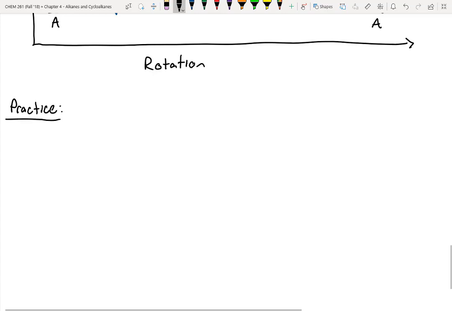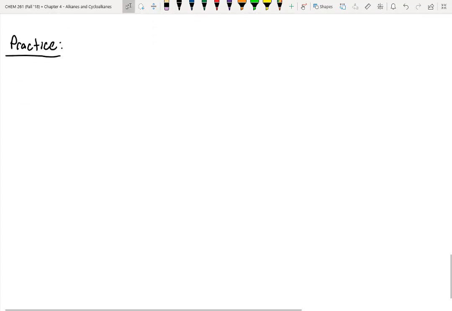All right, I will tell you that problems like this are almost guaranteed to be on the first exam. I'm going to draw in some of these hydrogens just to help. All right, let's try to name this first of all. What would this molecule be named?